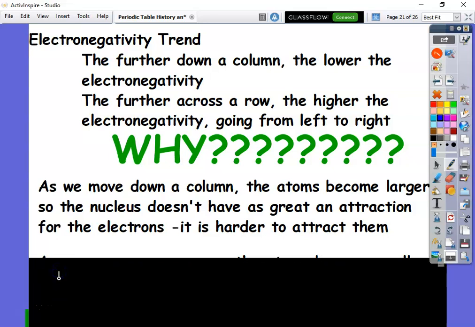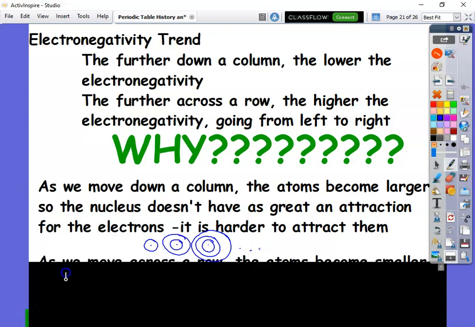So now we need to think about the why. And the why is very similar reasoning to ionization energy. As we go down a column, the atoms become larger, so the nucleus doesn't have as great an attraction for the electrons. Therefore, if the nucleus is going to attract new electrons to itself, it's going to be more difficult. So same diagram I've been drawing.